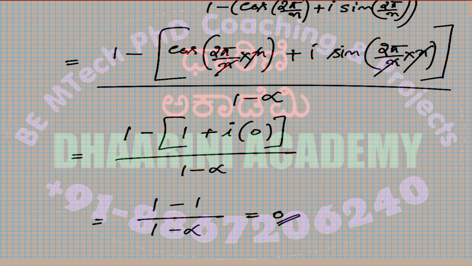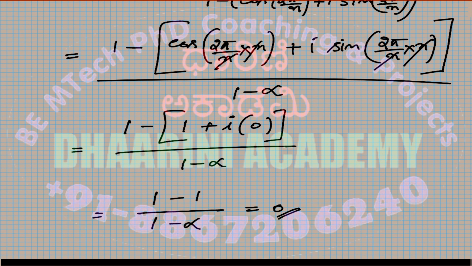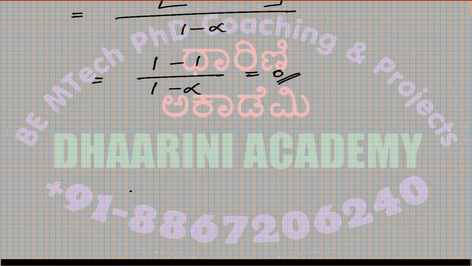Then the next concept to remember is the product of nth roots of unity.